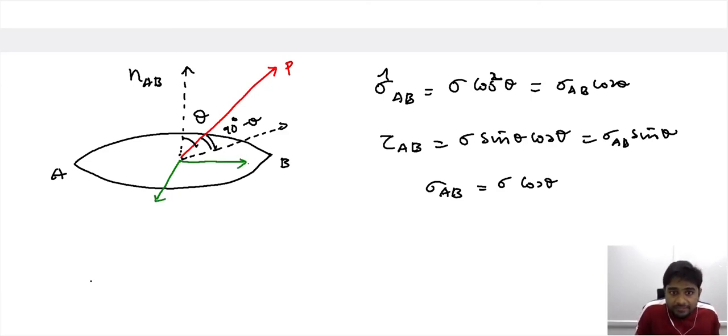So this frame of reference is the x-axis and this the y-axis. We are considering a plane, and therefore two axes are sufficient. So we have this as the x-axis and this as the y-axis. Now what we need to do is find what is the stress acting along this frame of reference.